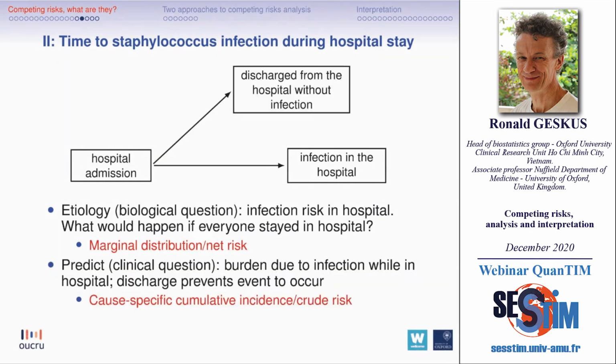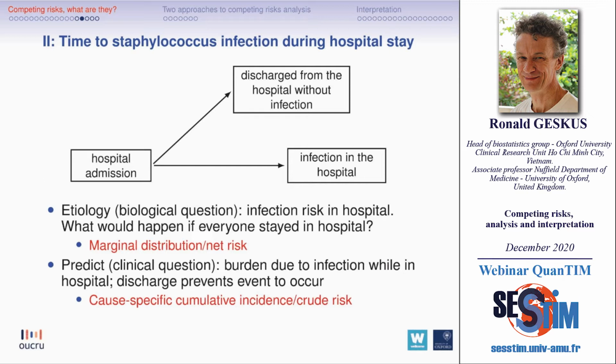The other question, which is relevant as well, is to quantify how many individuals actually do get infected in the hospital. And once you leave the hospital uninfected, you're no longer at risk. That is the competing risk setting, in which there are 2 competing events.